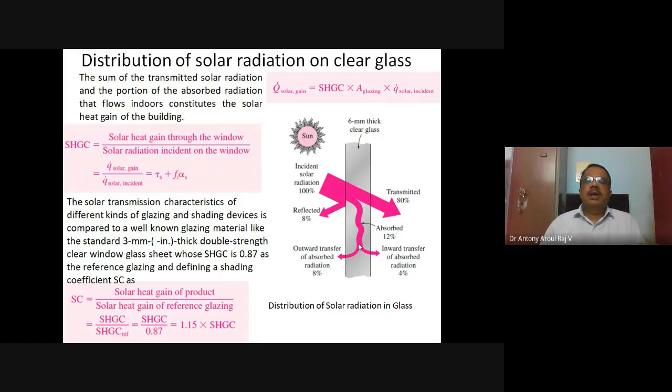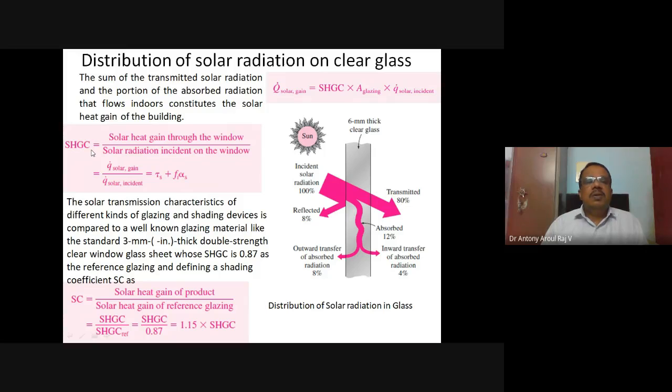Now after knowing that, we can go to the definition of SHGC, the solar heat gain coefficient. From the discussion we had, the solar heat gain through the window divided by the solar radiation incident on the window is SHGC.